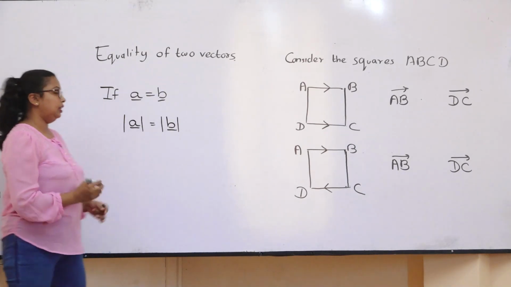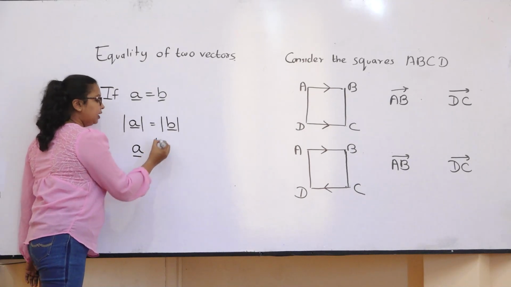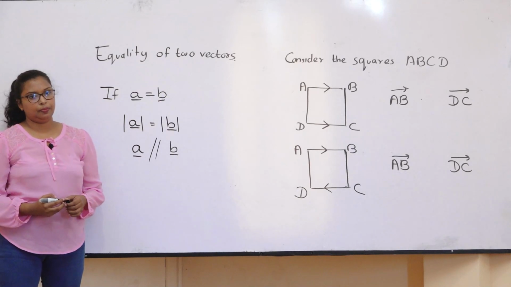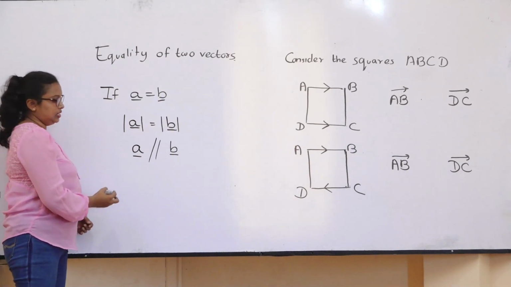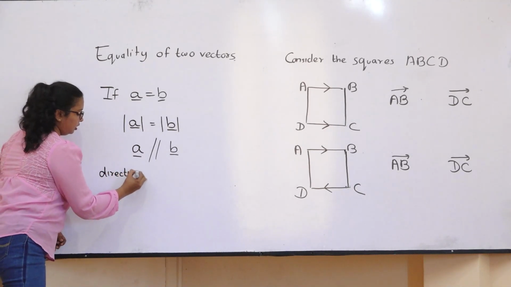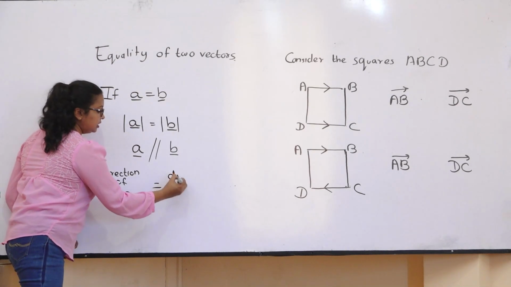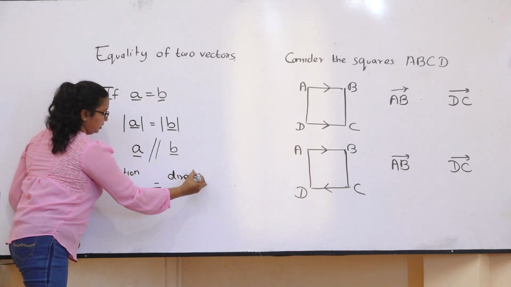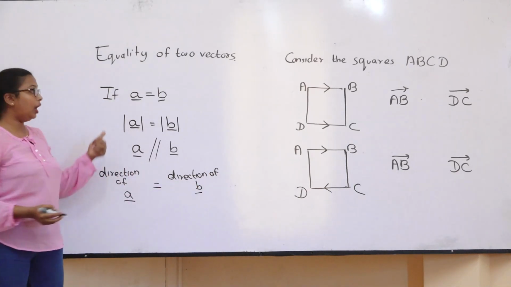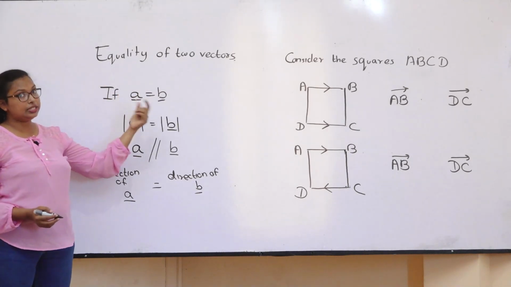The next thing is vector A should be parallel to vector B. And the third condition is that the direction of vector A should be equal to the direction of vector B. Otherwise, we can't tell that two vectors are equal.